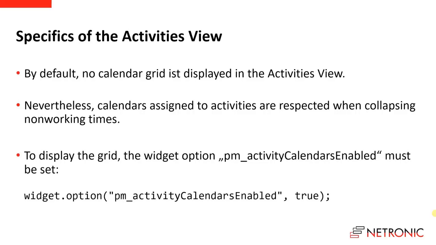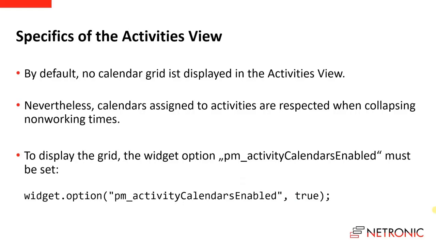To display the calendar grid, you have to set the widget option PM activity calendars enabled. If you set this option to true, then you will also see the activities calendars in the activities view.